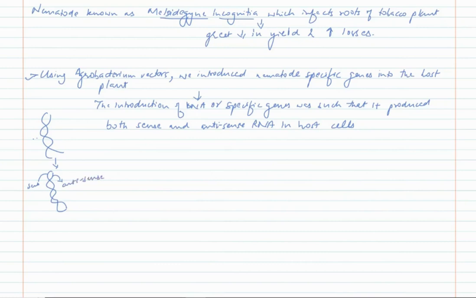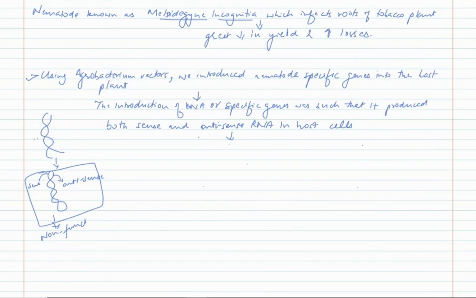Since they are complementary to each other and form bonds, this mRNA is non-functional; it will not be translated to produce proteins. As soon as a double-stranded RNA is formed, it initiates RNA interference, and how it takes place, we have already seen.